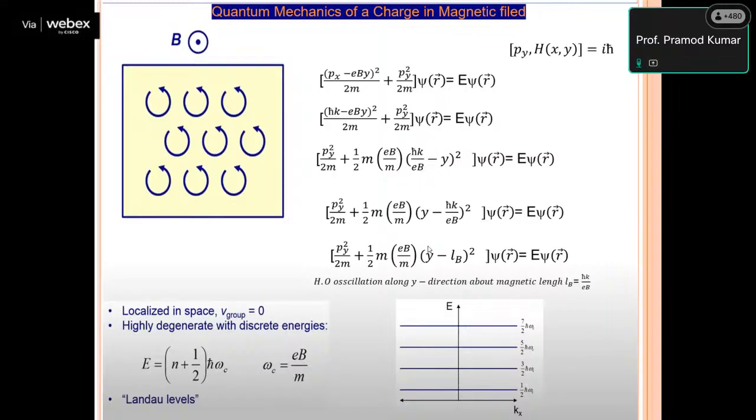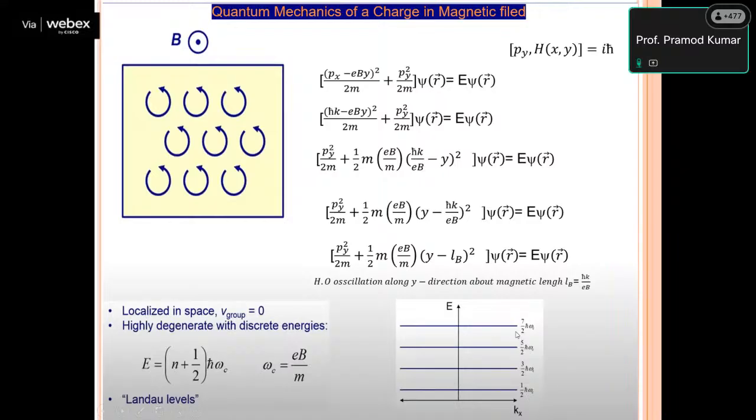So the energy we can easily write as (n + ½) ħω_c, where ω_c is the cyclotron frequency, eB/m. n you can start from 0, 1, 2, 3, 4, something like that.